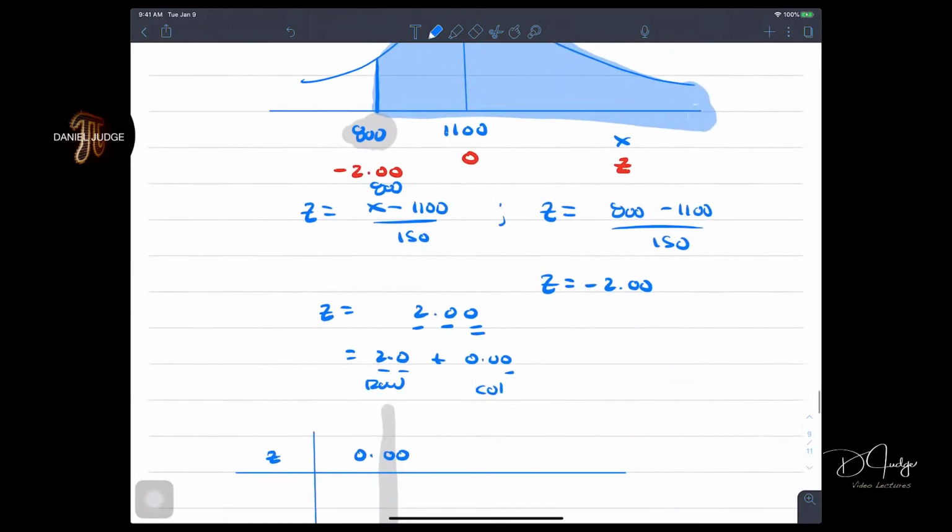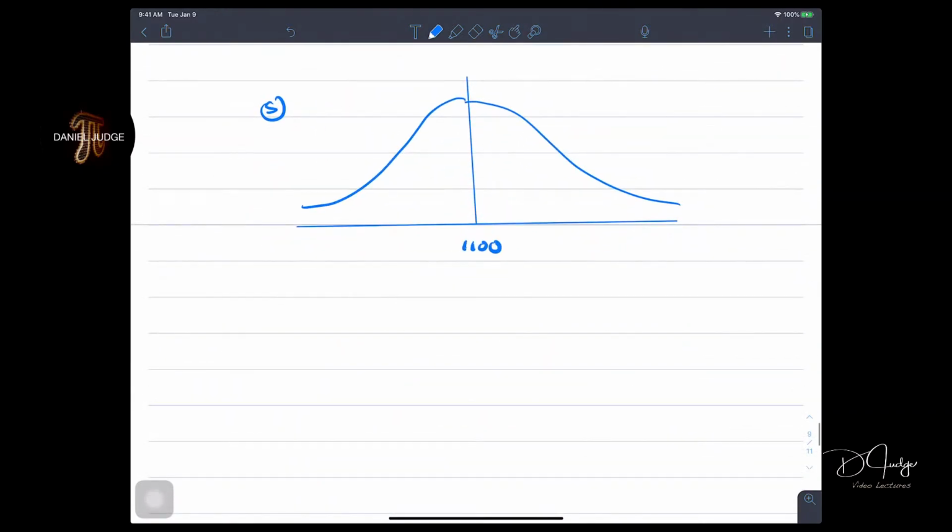So 800 is going to be to the left, and 1250 is going to be to the right. Between these two numbers, we're going to shade this portion of the bow.